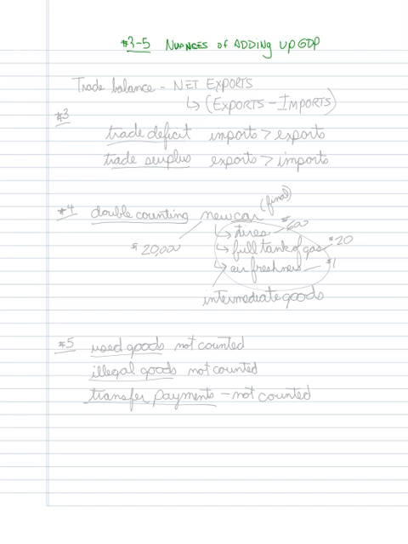And so let me start first with number 3, which talked about the trade balance. In the trade balance, we are looking at net exports. And if you see in the last video, that's essentially exports minus imports.